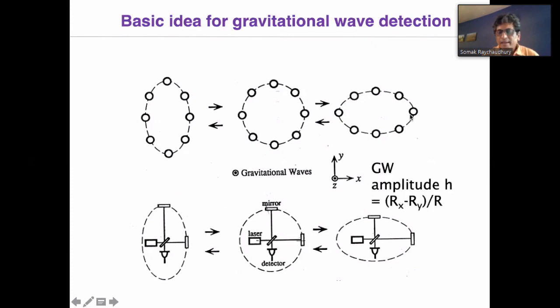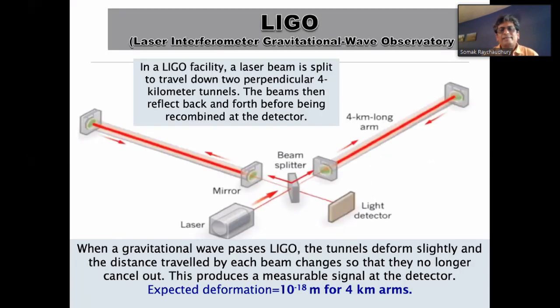So the idea is that one would place an interferometer, which is very similar to a Michelson interferometer that physics students learn about in their undergraduate course, where laser beams bouncing off mirrors are in balance, producing fringes because they are identical in the two arms.